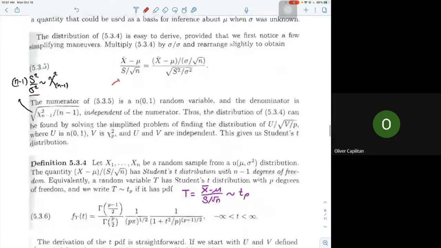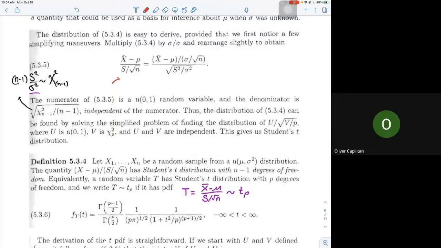And then we have the following expression. For the numerator, we have proved that it has a standard normal distribution, while the denominator will have a scaled distribution.